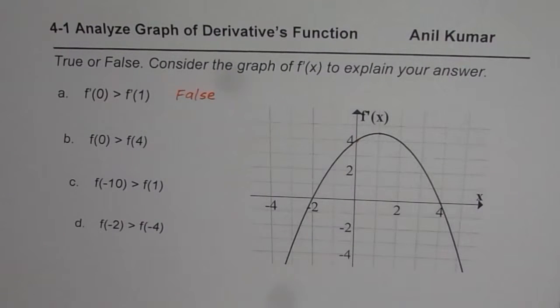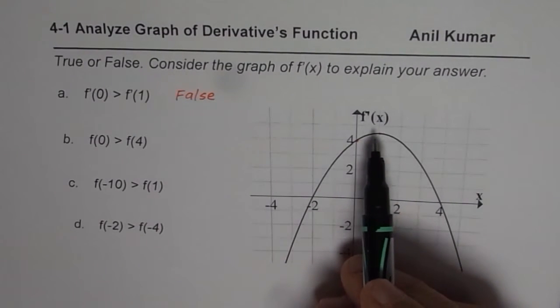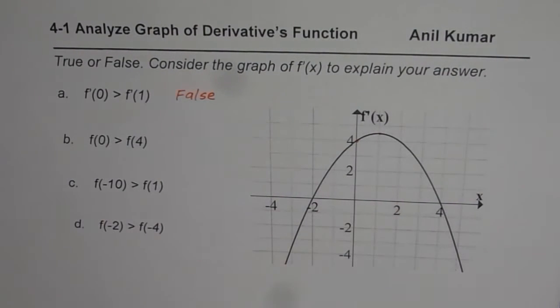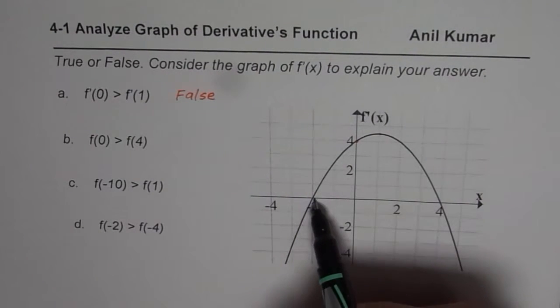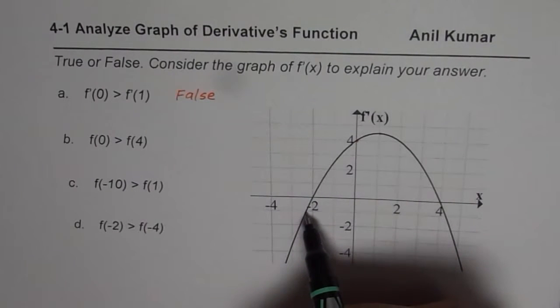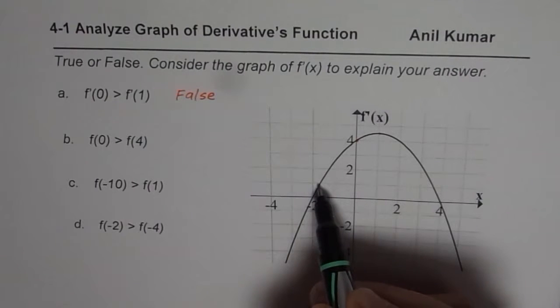Now, my suggestion is that when you have this kind of question, it is better to make a rough sketch of the function itself. Then it will be very easy to answer all these questions. Now let's look into it. This is the graph of the derivative. At this point, minus 2, the derivative changes from a negative value to a positive value.